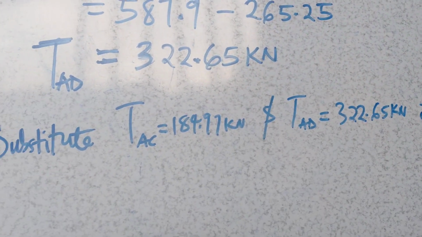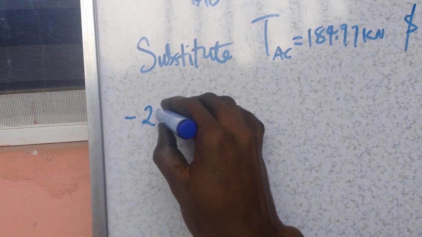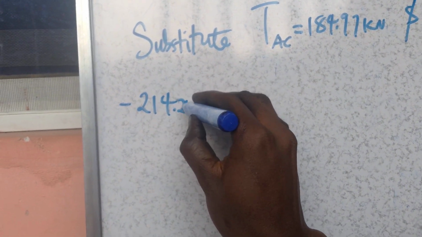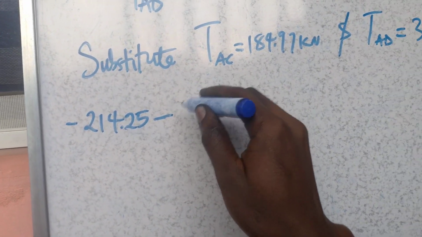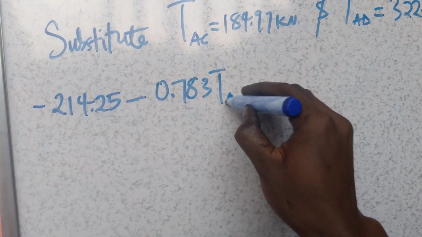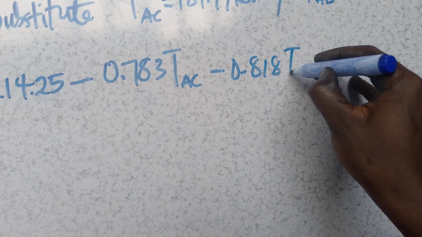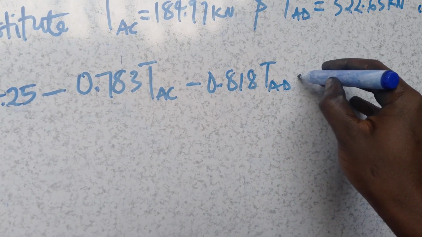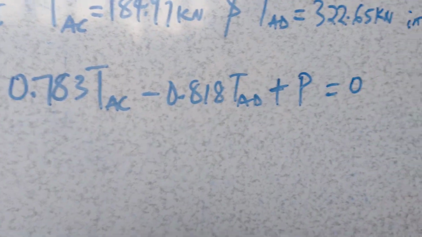Okay, so I'll write that equation 7. Equation 7 is minus 214.25 minus 0.783 TAC minus 0.818 TAD plus P is equal to 0.